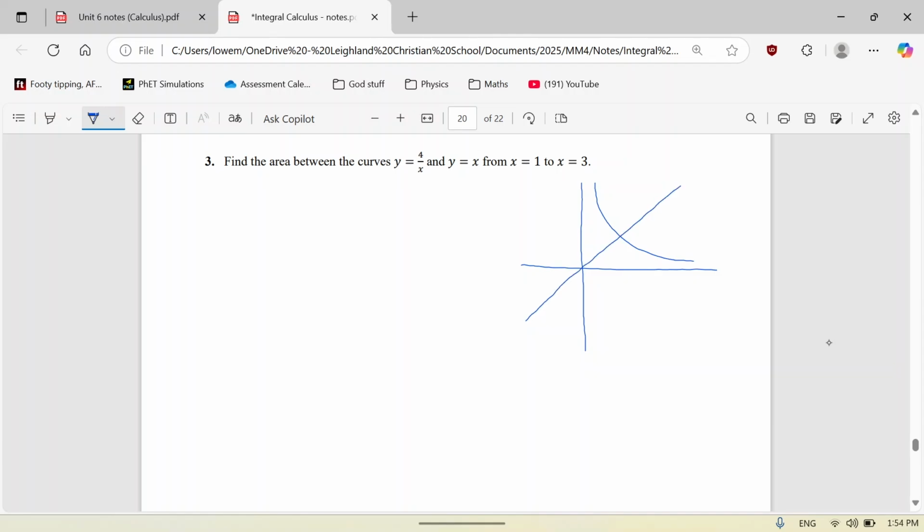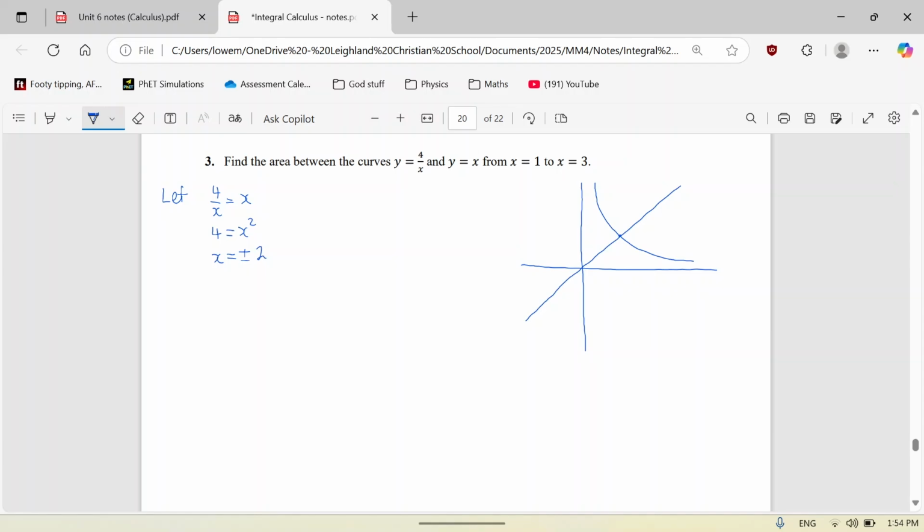And then we have y equals x passing through the origin and at that point. Okay, so what we want is we need to know what is this point of intersection. So we're going to let these two functions equal each other. So let 4 over x equal x, multiply both sides by x, so we've got 4 equals x squared, which means when we take the positive and negative square root, we'll have plus or minus 2.